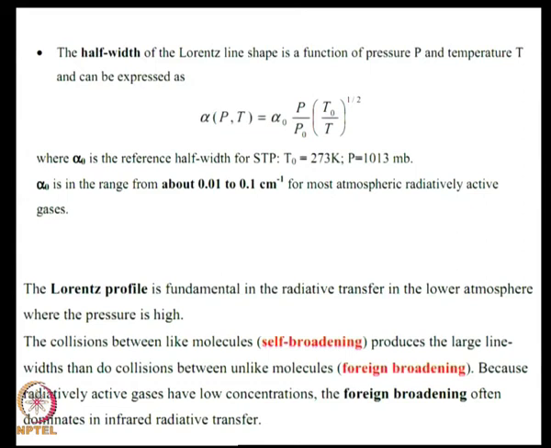Foreign broadening is more common in our examples, because in all our experiments nitrogen and oxygen are always there. They may not absorb or emit radiation, but they do play a role.